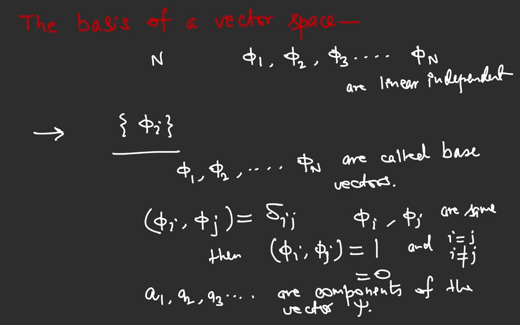For example, a_j can be given as the scalar product of phi_j and psi.